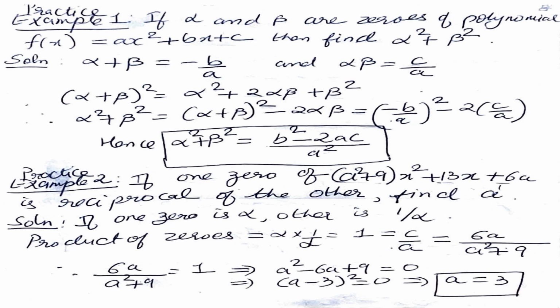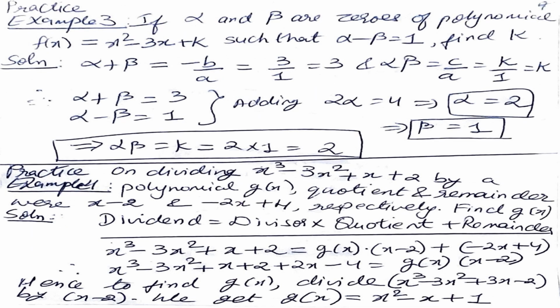We know the product of zeros here will be alpha into 1 upon alpha, which is 1, and the product of zeros is given by c by a, meaning the constant term upon the coefficient of x square. In this case, it is 6a upon a square plus 9. So we have 6a upon a square plus 9 equal to 1. Solving this, we get a is equal to 3.